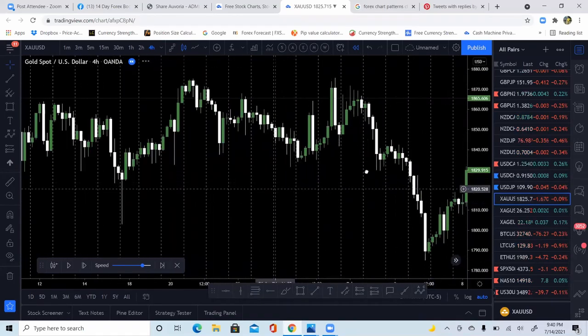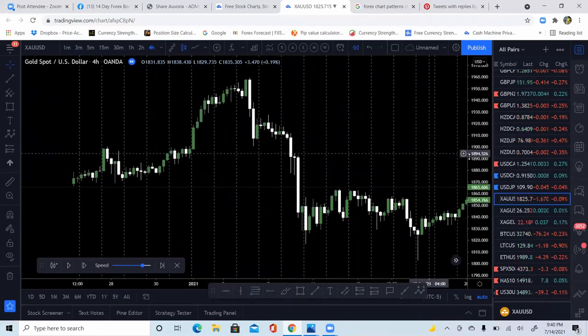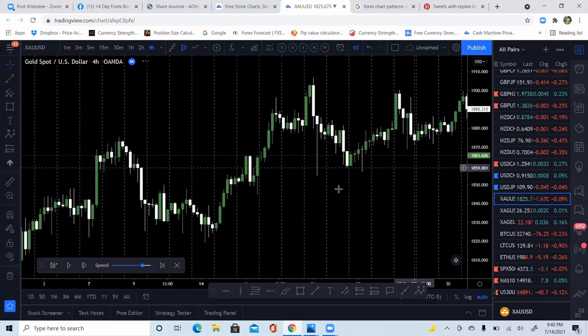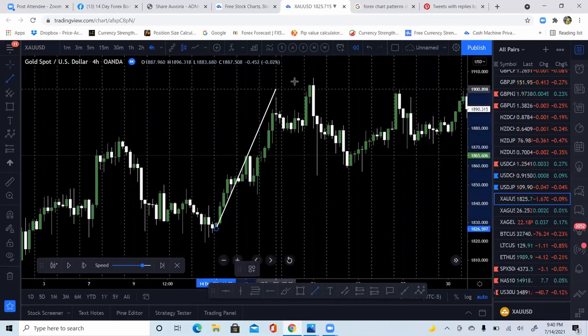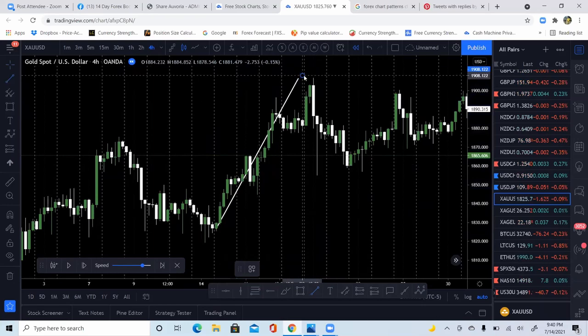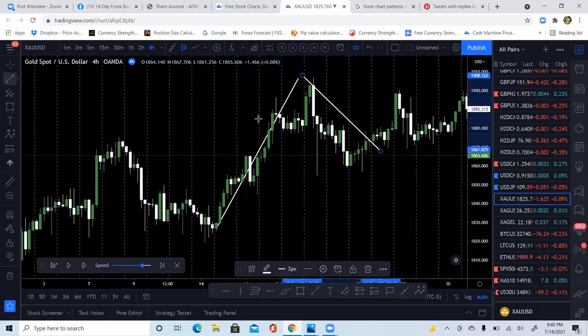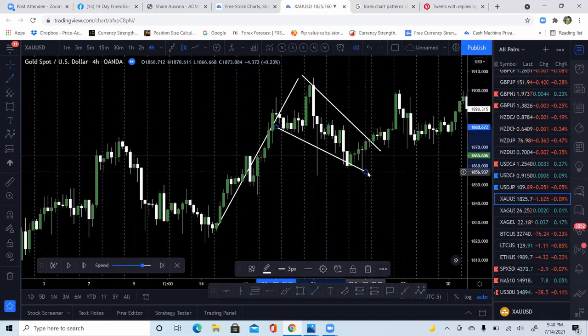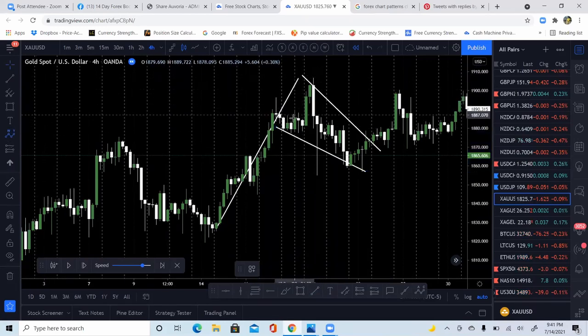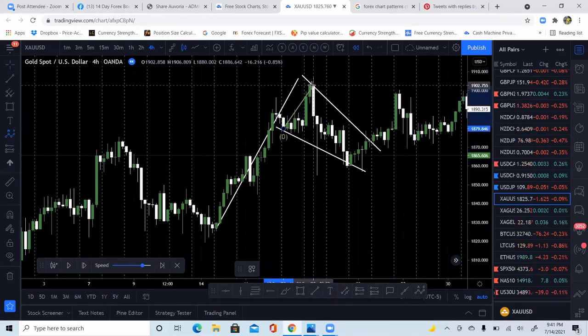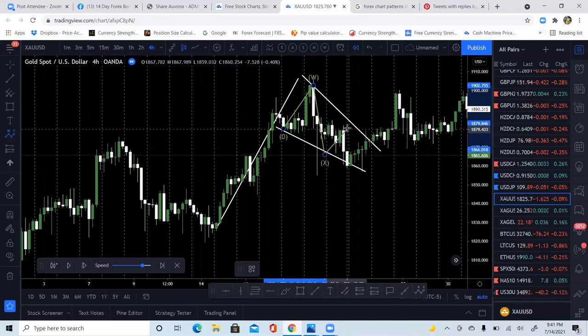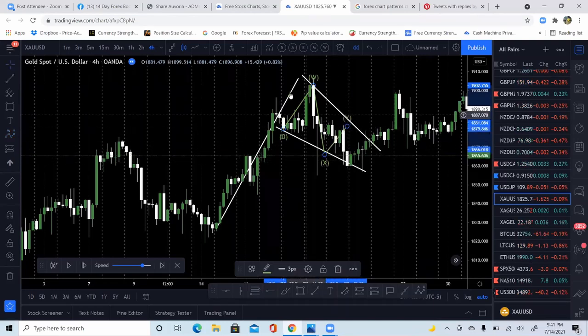Let's look for a legit flag pattern. Some markets like wedges more than flags. There's another bullish flag. So you get better at it as time goes on. And this is why it's a bullish flag. You have your upward momentum, then your even upward and downward momentum.